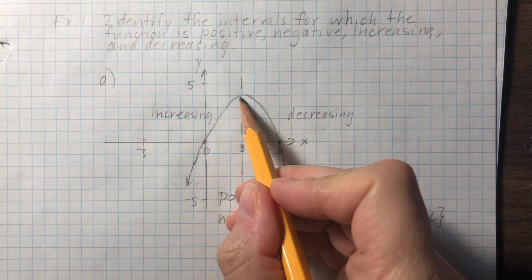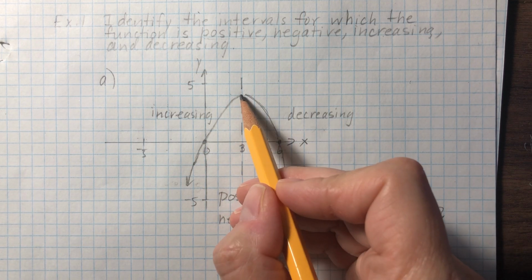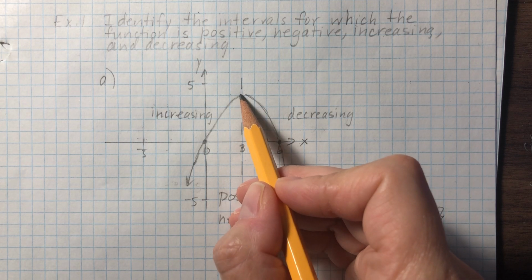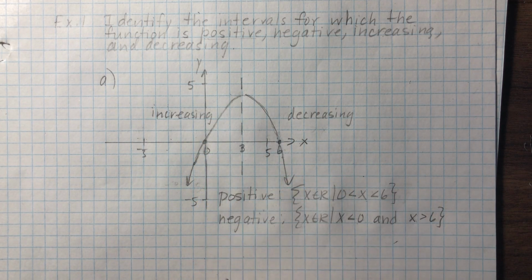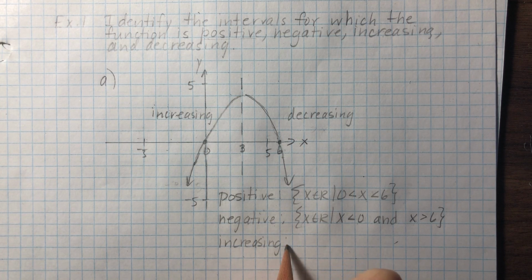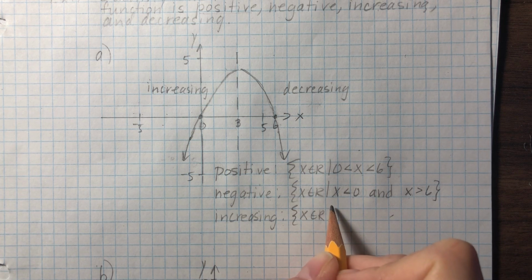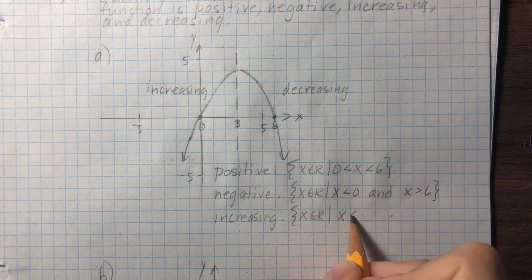So the highest x-coordinate we can have on the increasing side here, but not including, is 3. The rest of them will be less than 3. So I'm going to write the increasing interval is x belongs to real number set such that x has to be less than 3.